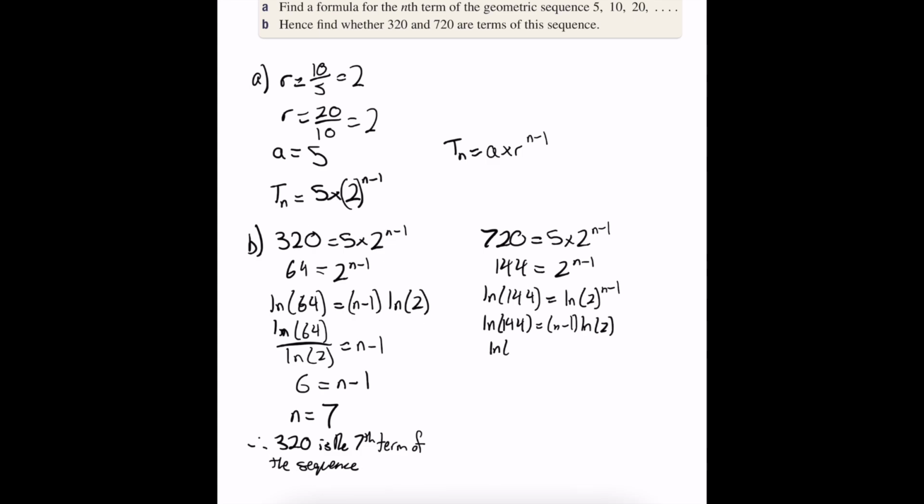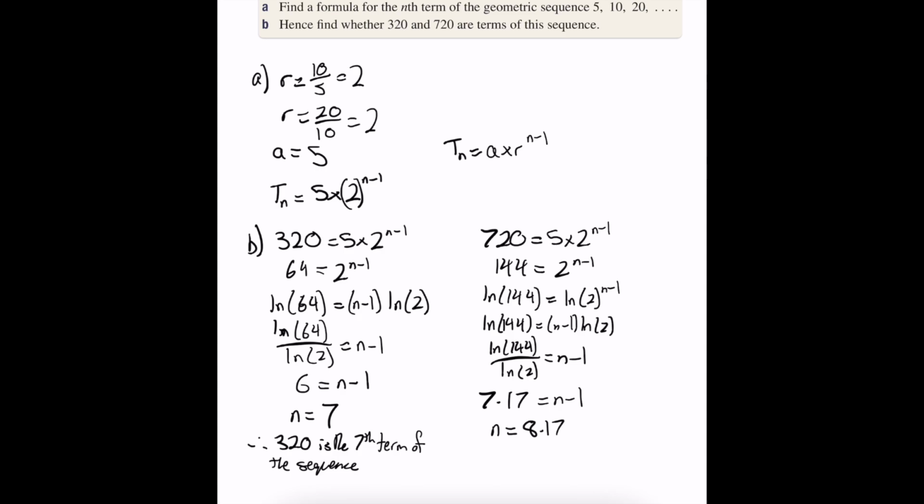Divide by both powers. I'm going to plug this in my calculator, ln 144 over ln 2. We don't get a whole number, we get 7.17 to 2 decimal places. And if we add the 1, we will get 8.17.